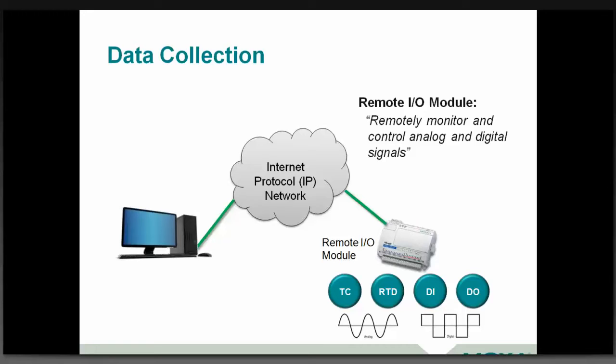In the case of, how do I find out where I'm utilizing energy? One of the easy things you can do is deploy remote I/O modules to be able to see what's happening in different facilities and different locations of your plant, right? And that can be done a couple of different ways. You can see when is my lighting on at this time of day, when does it go off? Or, do I have things such as power usage that I can monitor from, for example, an analog signal?